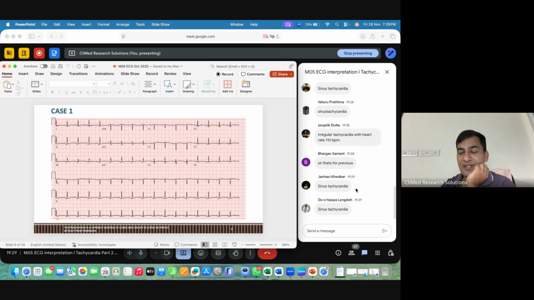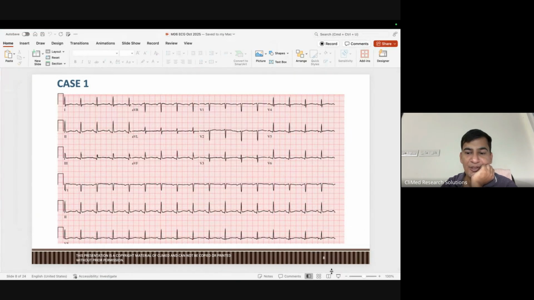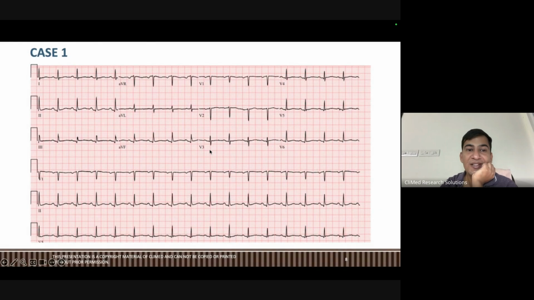Sinus tachycardia. Tell me, guys, anything else you can find out? No? Okay, let me tell you. This is tachycardia definitely because the heart rate is around 110, and this is nowhere irregular. Where is it irregular?